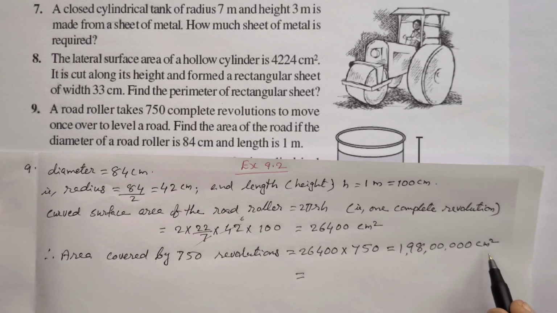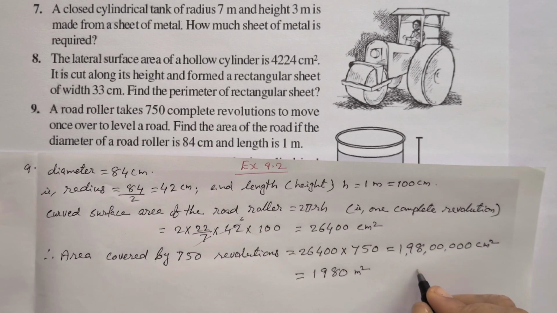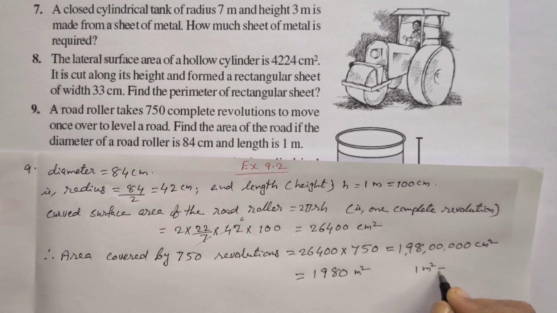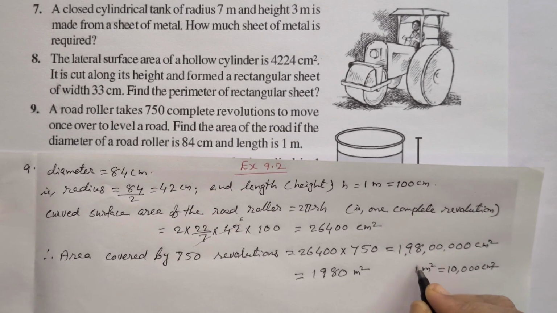To convert centimeter square to meter square, we have to move 4 places to the left. One time centimeter, one more centimeter to meter. So 4 times. That means 1980 meter square. You can write 1 meter square is equal to 10,000 centimeter square. So 1980 meter square.